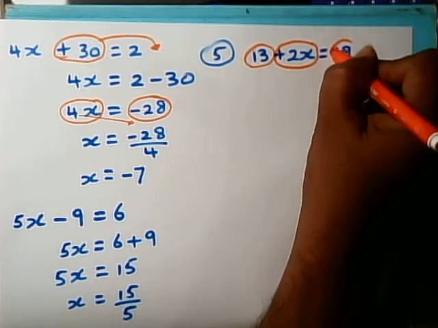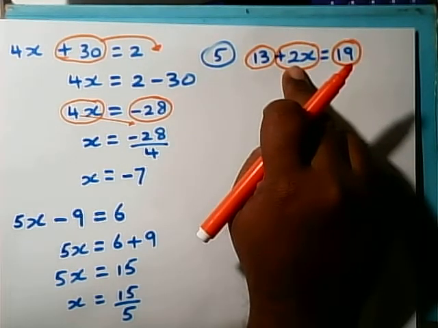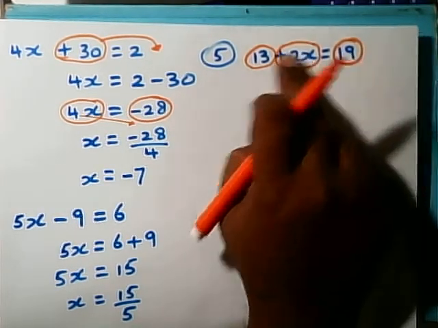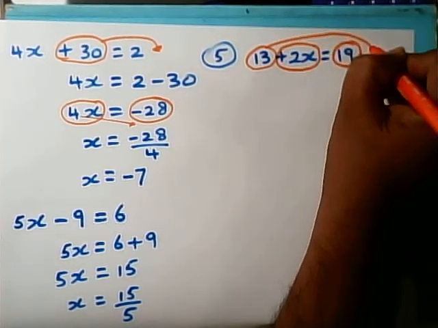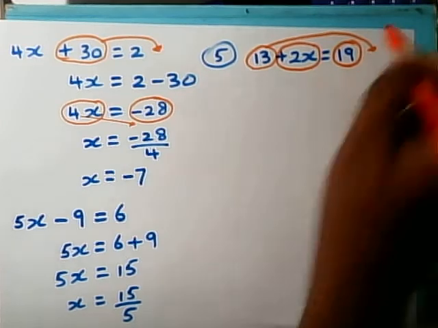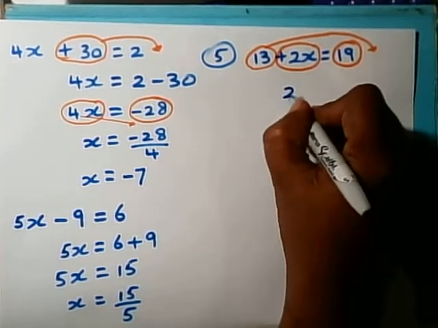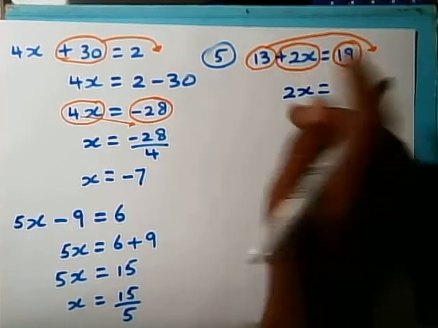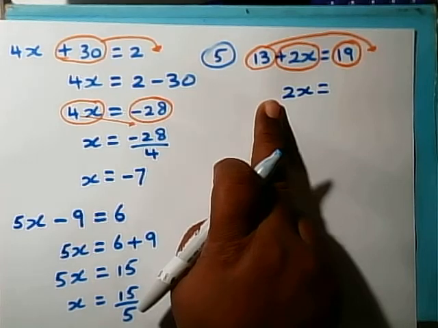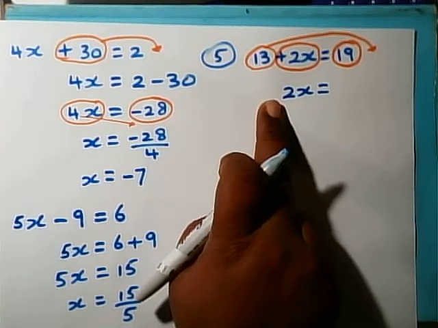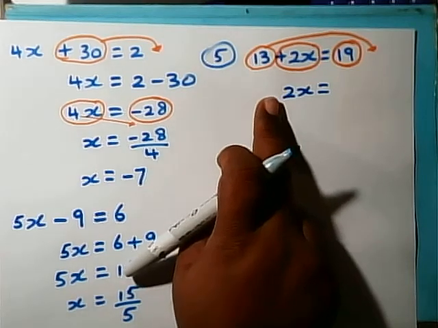Right now that x has company. The x has a 2 next to it as part of this term, and it has 13. I'm going to move that 13 term across here. So I end up with the 2x alone on this side. I don't need to write any plus anymore because it's just the one term alone on this side. So the plus could now become invisible. It's taken for granted.